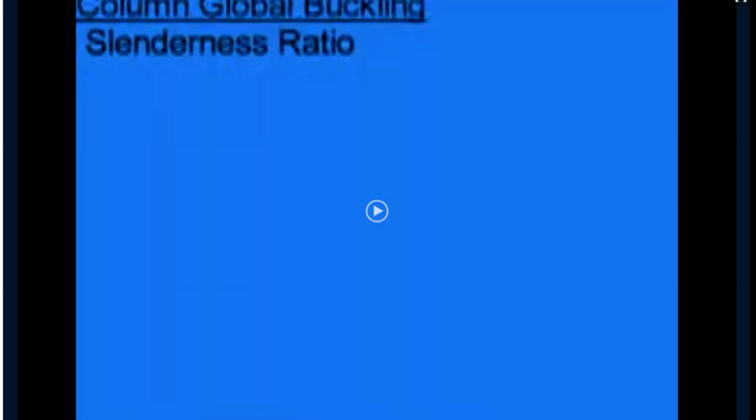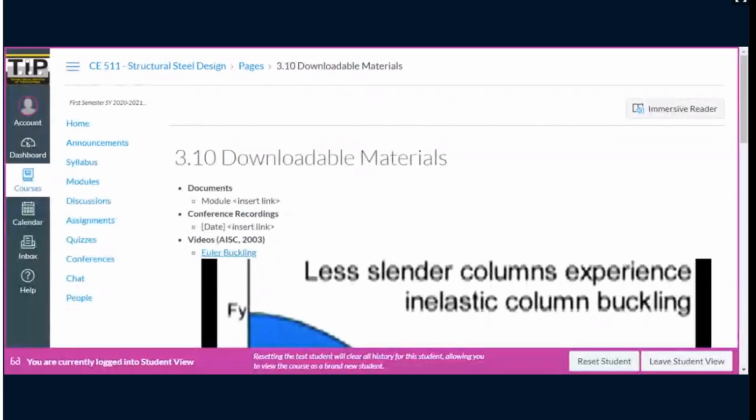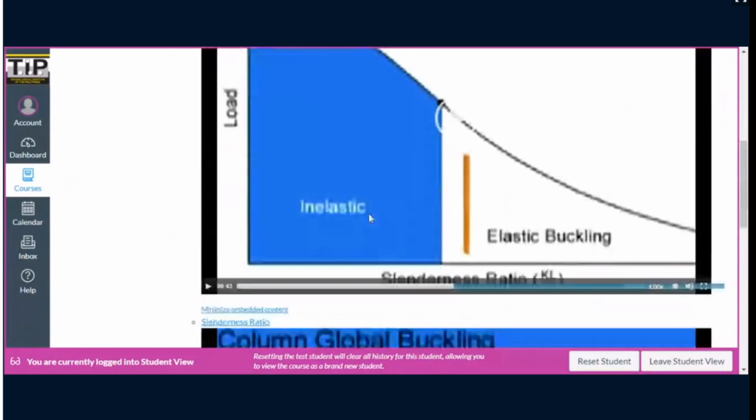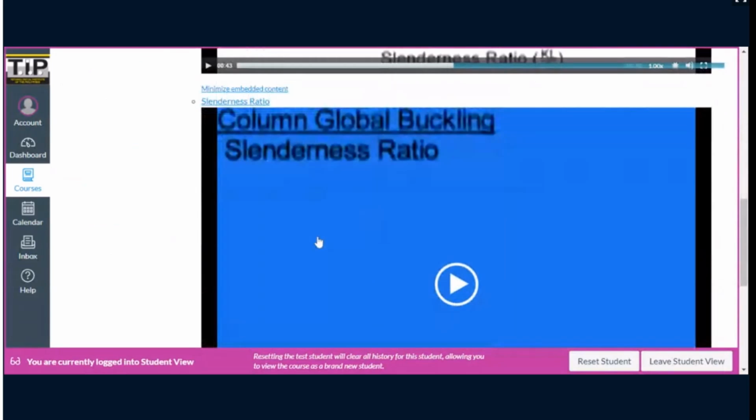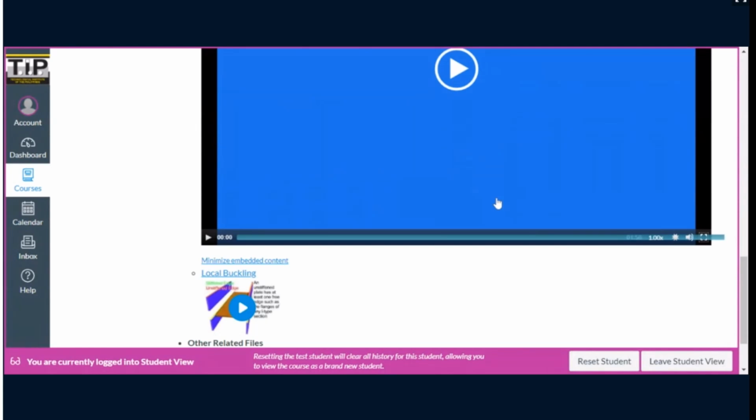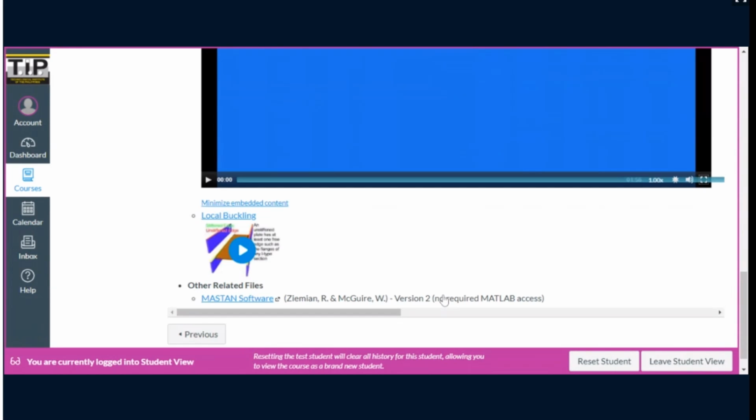Right, so there you go. In-explain lang niya yung slenderness, what are the factors that affect the slenderness ratio of a column. Okay? So the other video, tsaka ko na ito ipapakita, about the local buckling. Okay?